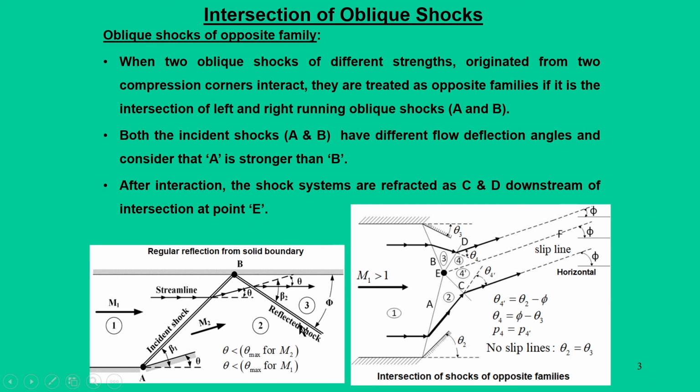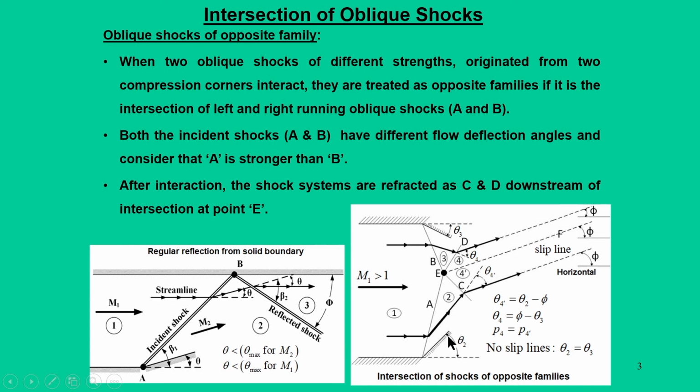Now, another situation. In the previous case, there was one compression corner, whereas the upper solid wall was horizontal. Now, we will tune this situation for another case in which we have two compression corners. That means we have an upper wall and a lower solid wall, and both have a compression corner.